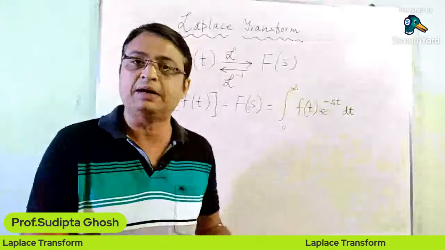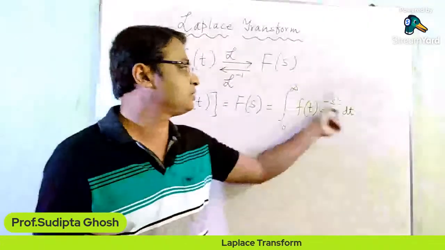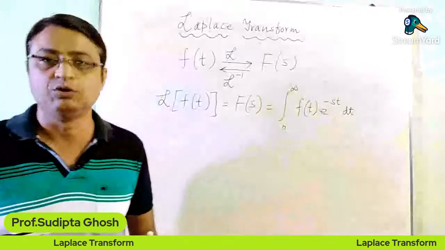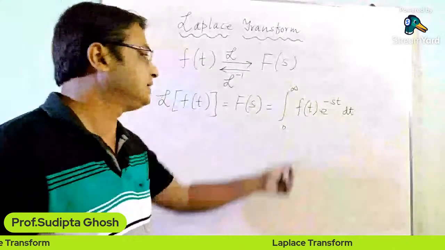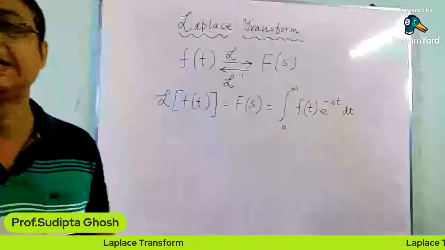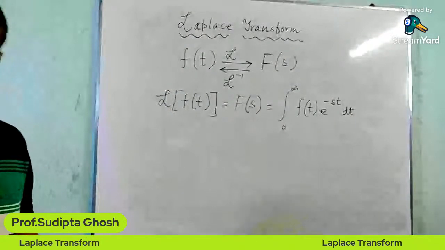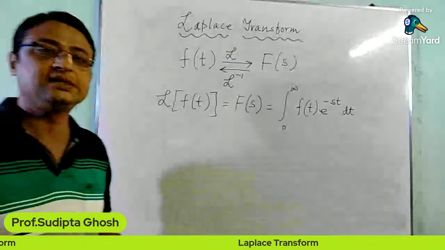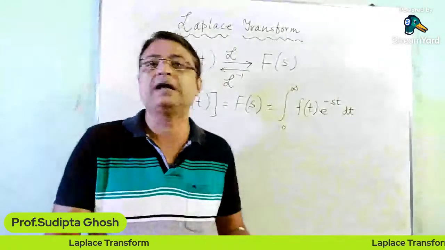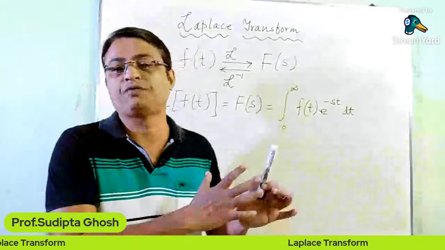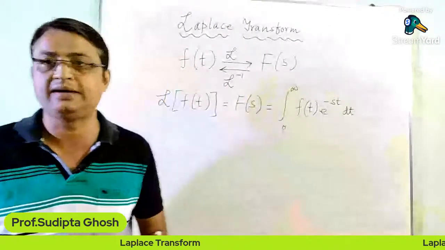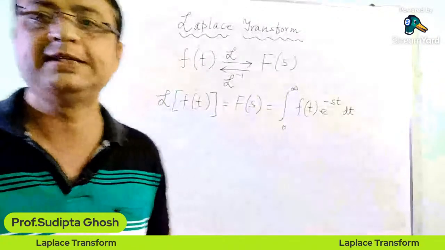It is given in the problem, and then you have to go through this integration and find the value. This is nothing but the Laplace transform of f of t, and it can be written as capital F of s. So this is the one line equation, the simple equation which can convert any function from its time domain form to its frequency domain form. I think you can all understand this up to here. Is it?